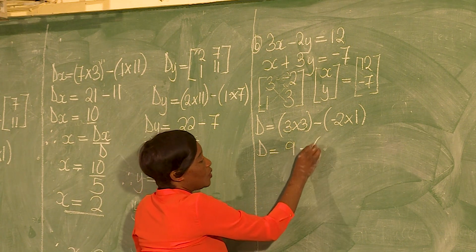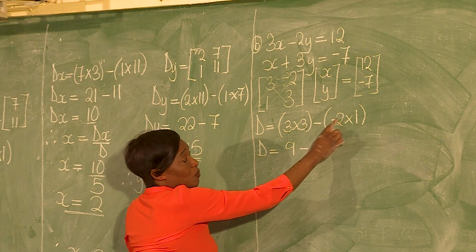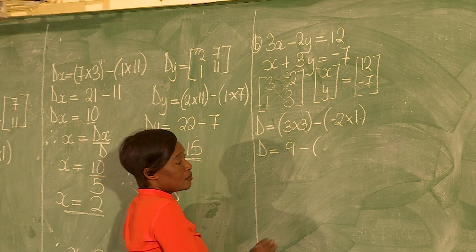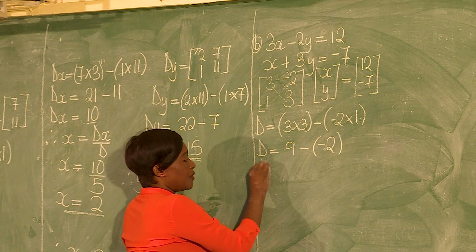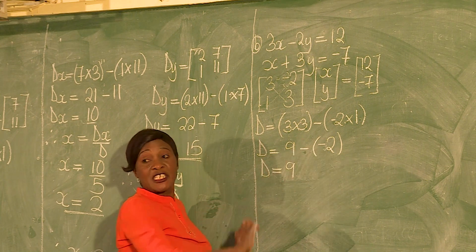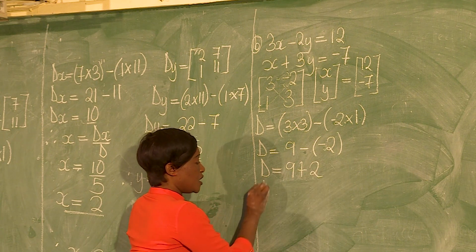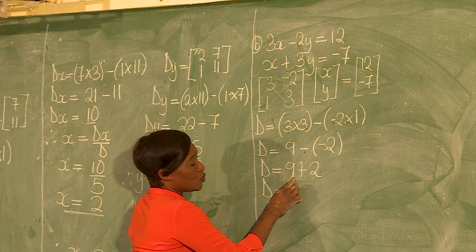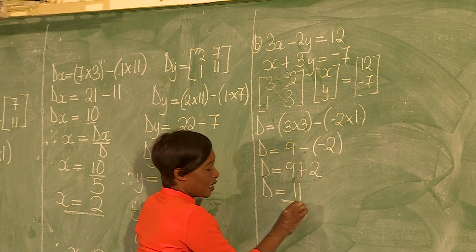Then minus. We open there. Why are we opening? We have the negative there. Negative multiplied by the positive 1. Negative 2. So our determinant will be equal to 9. Negative multiplied by negative? It will be a positive 2. So D, which is our main determinant, will be equal to 9 plus 2? 11. So this is our main determinant.